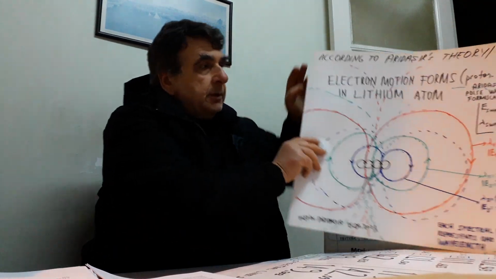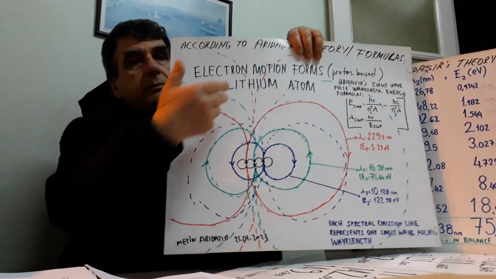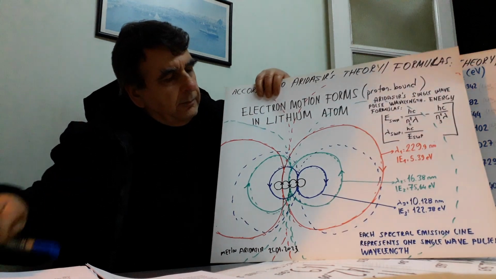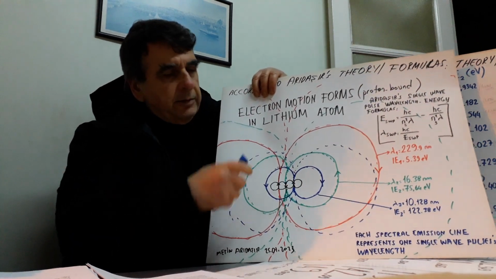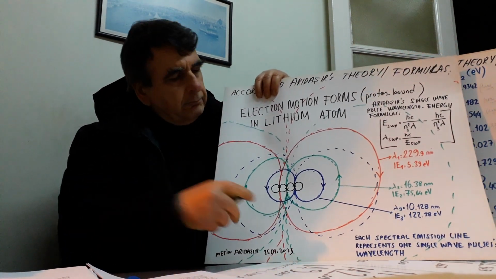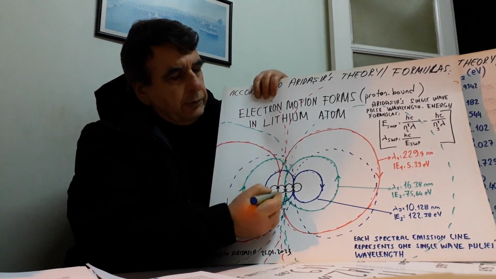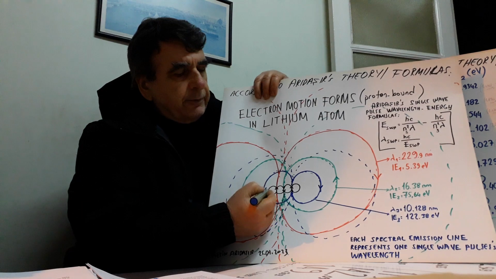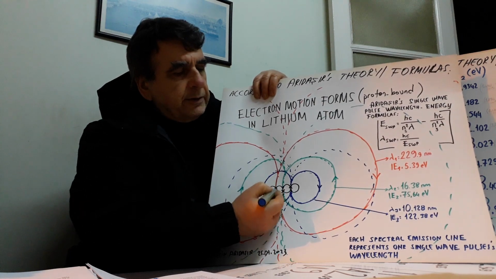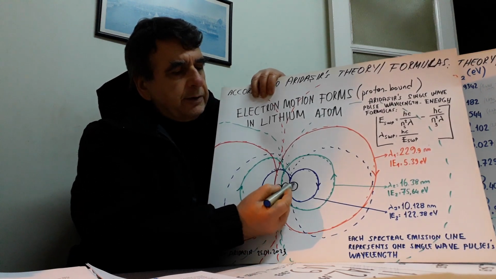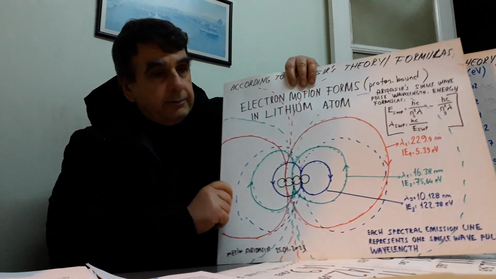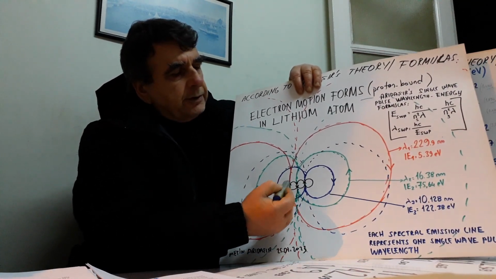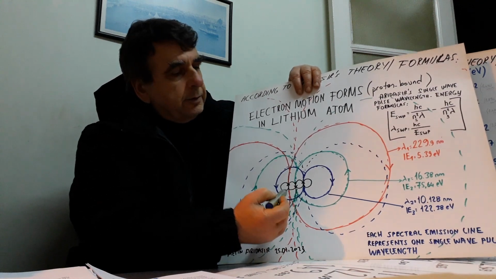Here is lithium, according to my theory and my formulas. These are protons, connected, entangled. This is the first proton, this is the second proton, this is the third proton.